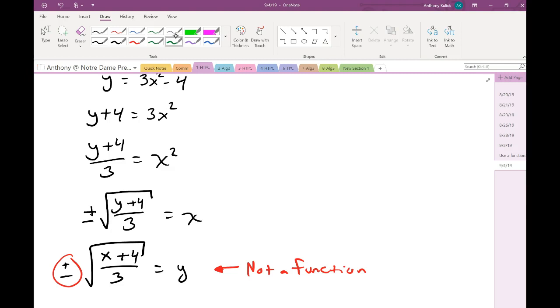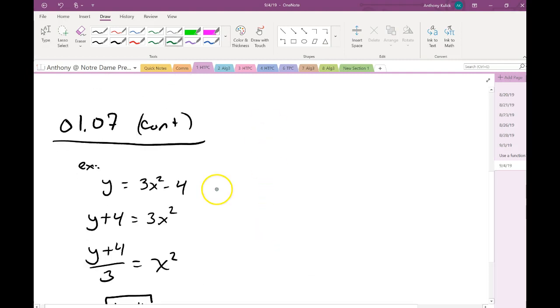So that seems kind of lousy, that if we have a quadratic like this, we can't create an inverse function for it. And a similar thing kind of happens when we start talking about these trigonometric functions. But there's a trick we can pull to address this situation. What we do is we restrict the domain.